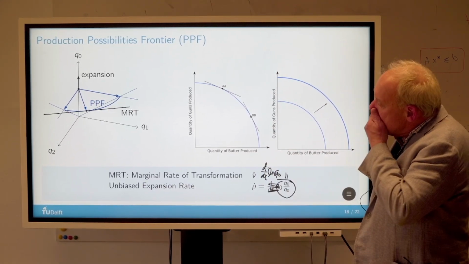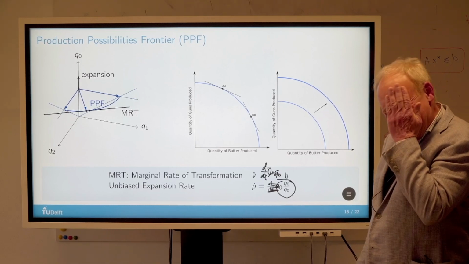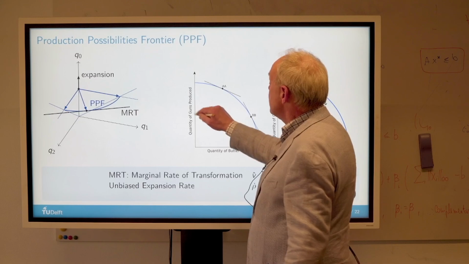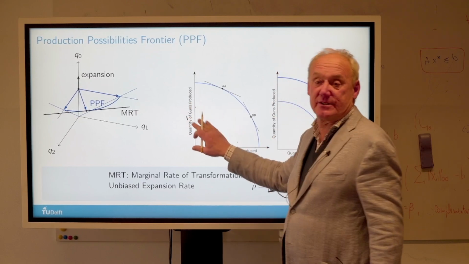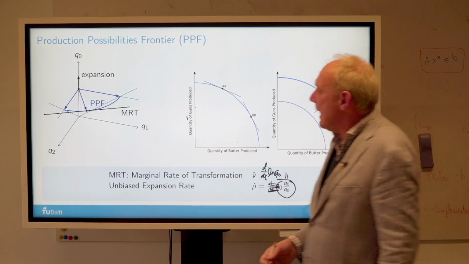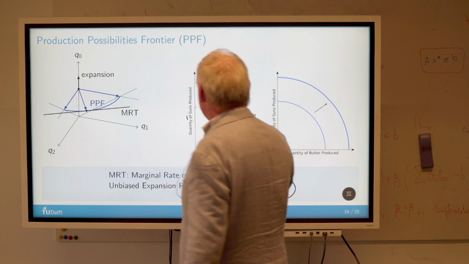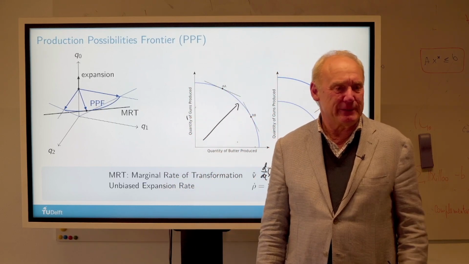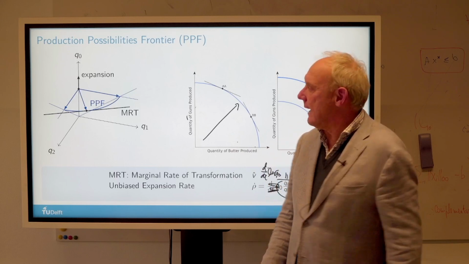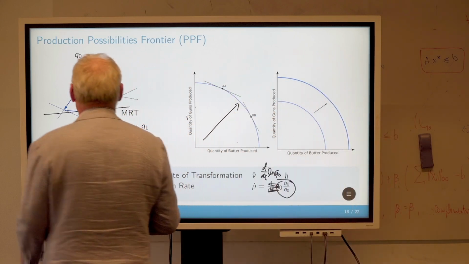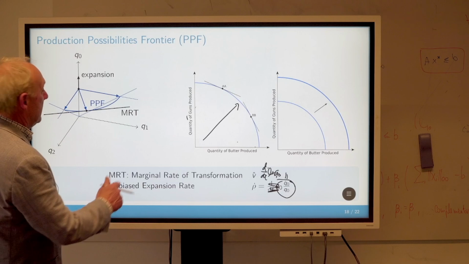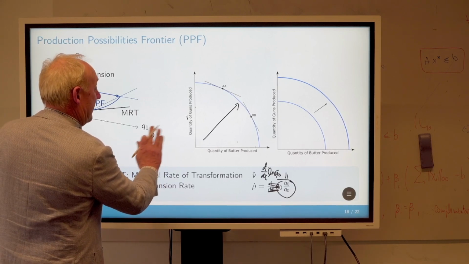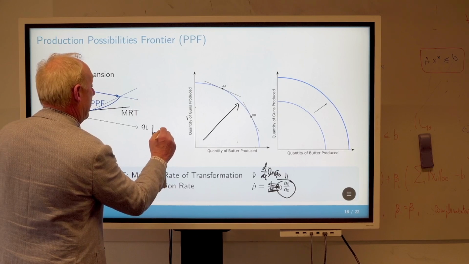So one way of looking at this is to say, I'm not even going to think of this as capital. I'm going to think of these just as goods that are being produced. And I have a new type of capital, and that is this radius here, right? And that's what they call the resources. So that's what I plotted here. Here is, say, the guns. Oh, this is the butter, Q1, butter.